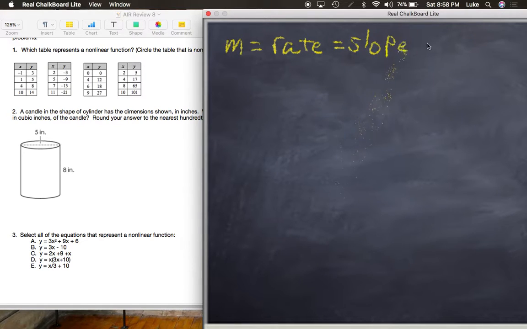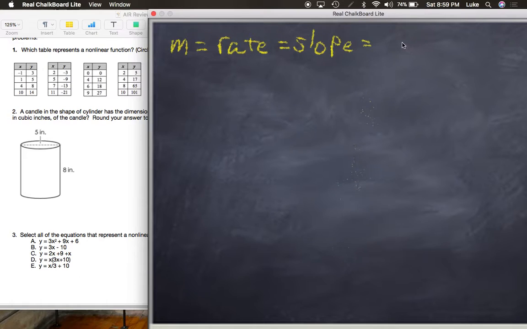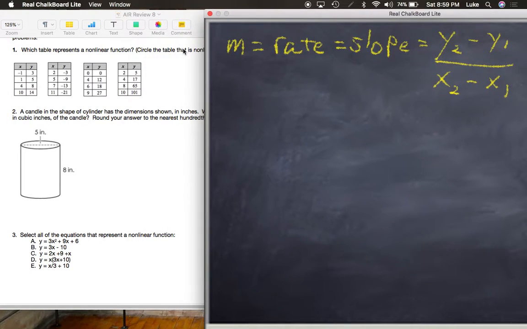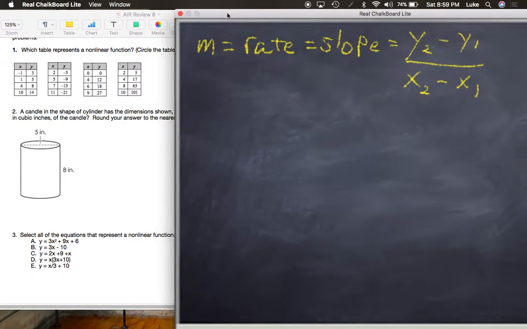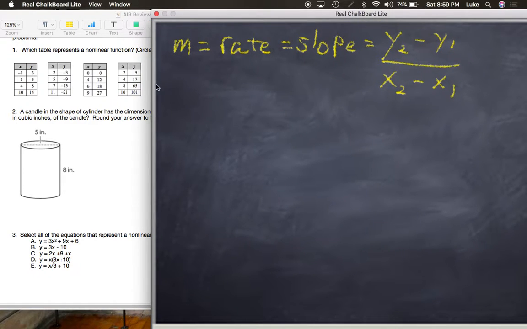And we find our slope, if you recall, by using the formula y2 minus y1, or the change in y, over x2 minus x1, or the change in x. So that's what we're going to be using in these four tables to see whether or not the slope is constant or if it changes. If it does change, it's not constant, it's not a straight line.